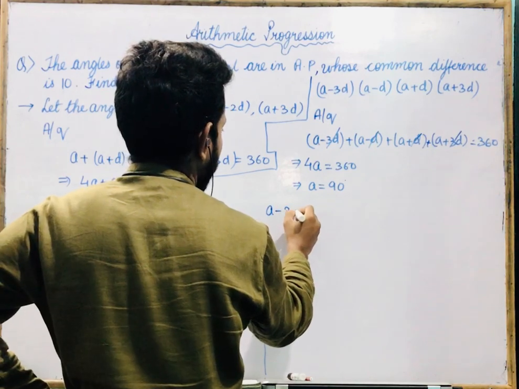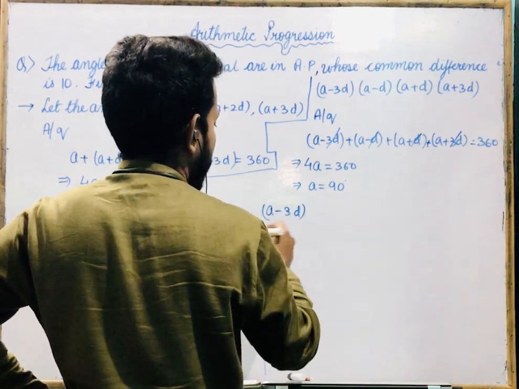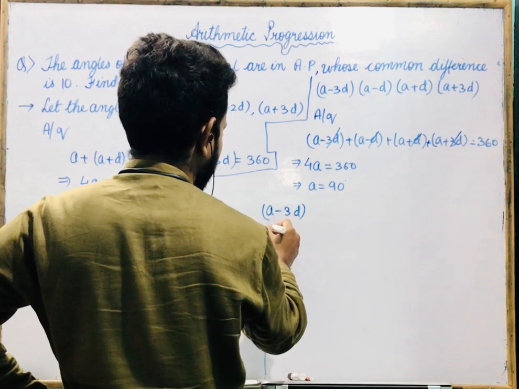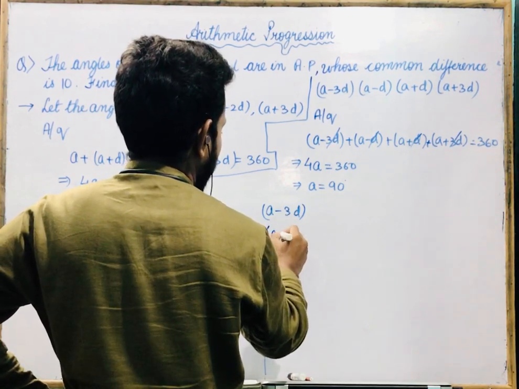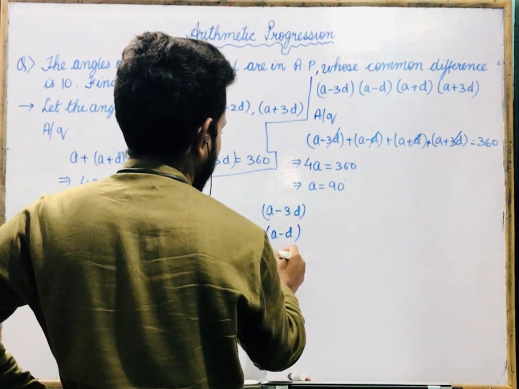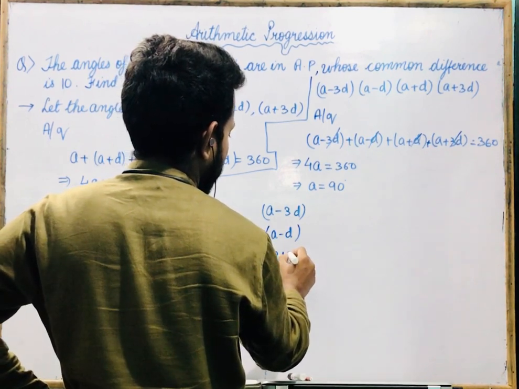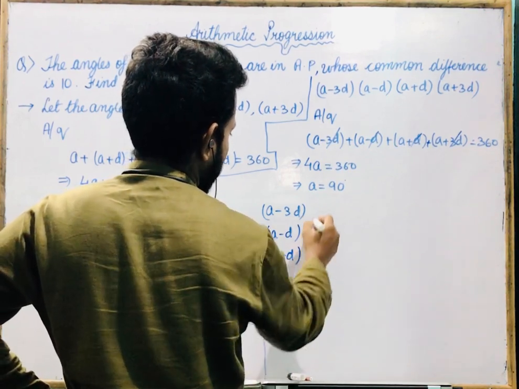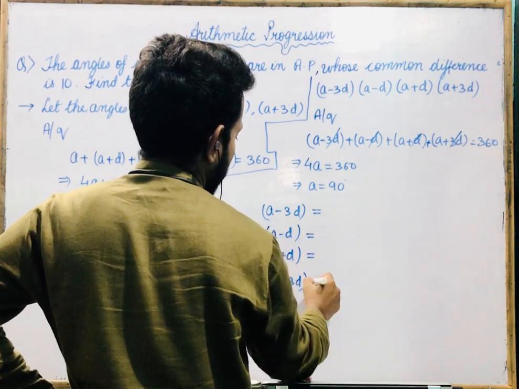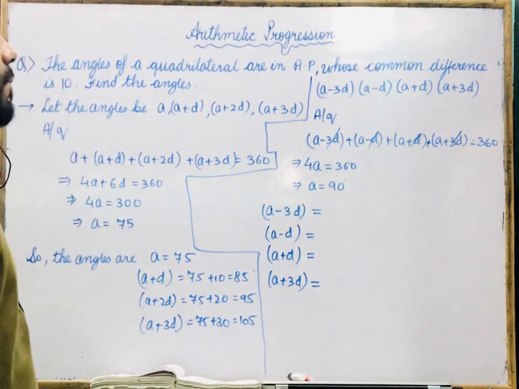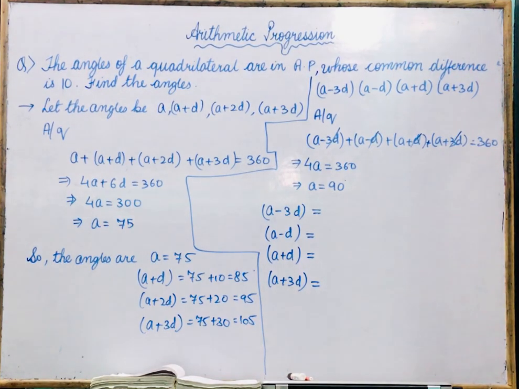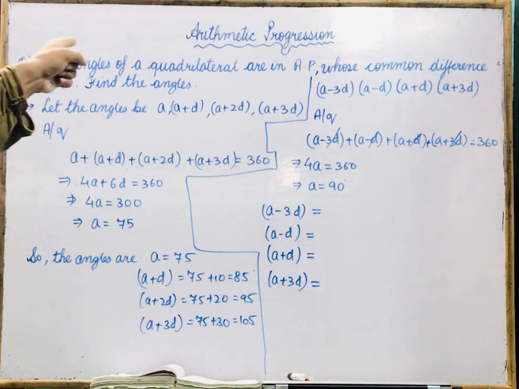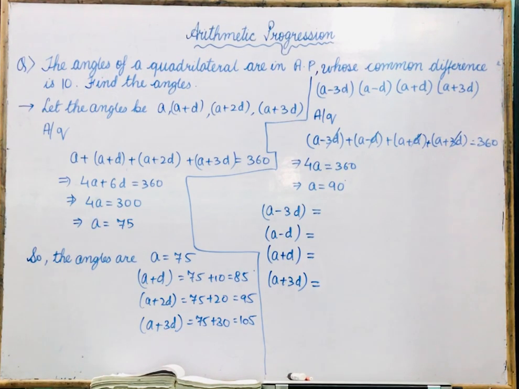a minus 3d, a minus d, a plus d, a plus 3d. What is the difference given in the question, whose common difference is how much? Tell me, whose common difference is 10.